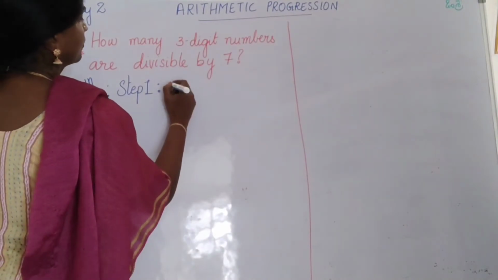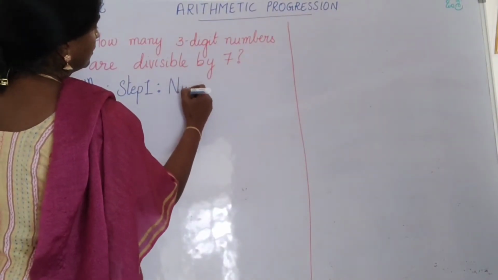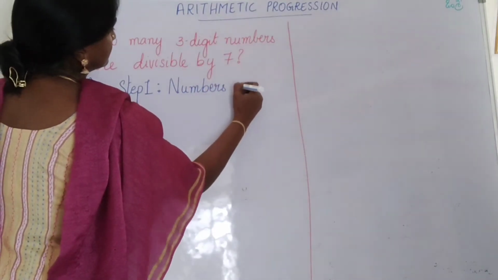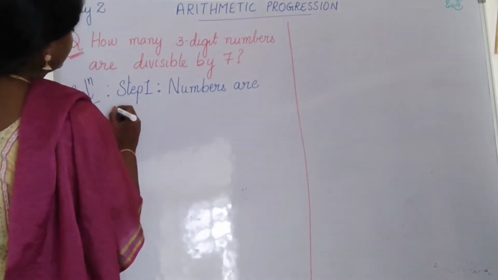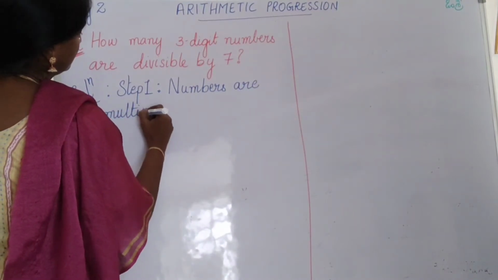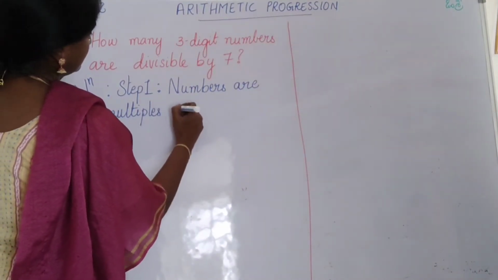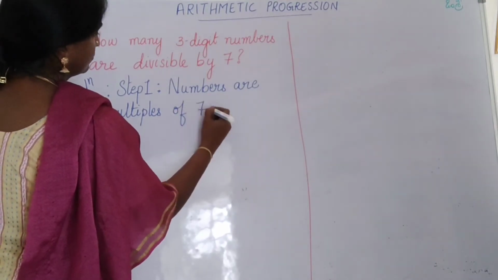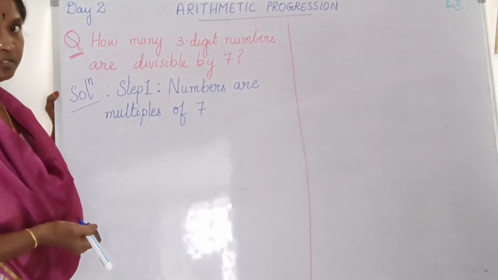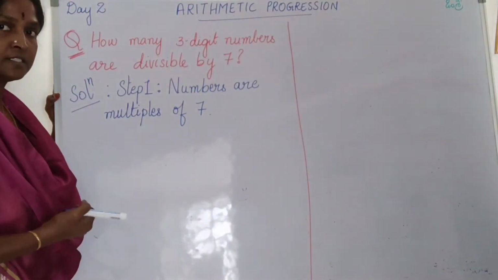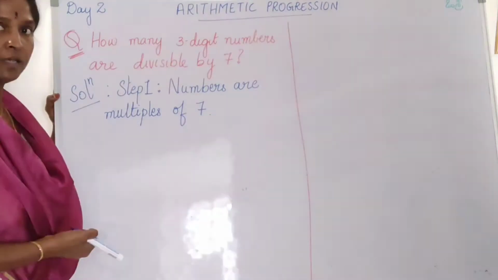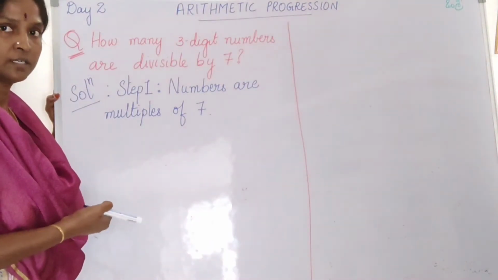So first thing is the numbers are multiples of 7, and the second data that is given in the problem is they are 3-digit numbers.